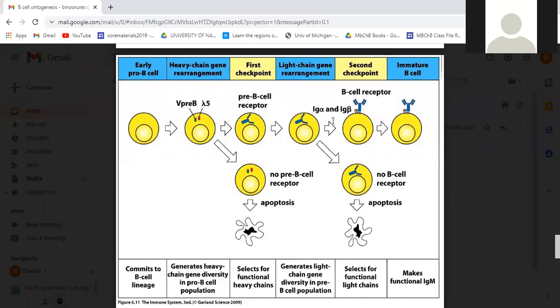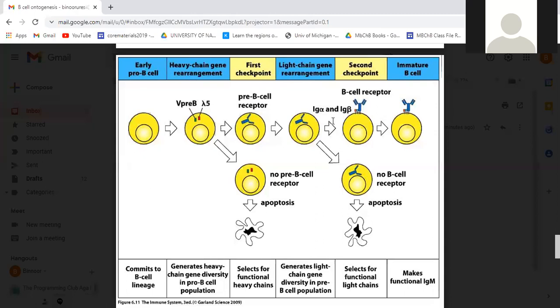If there is no B cell receptor, then again, this cell receives a signal to die through apoptosis. So then the next level is just to mature into a functional B cell. So these are the two levels whereby the B cell has to be checked before it finally goes into blood circulation or the peripheral region.